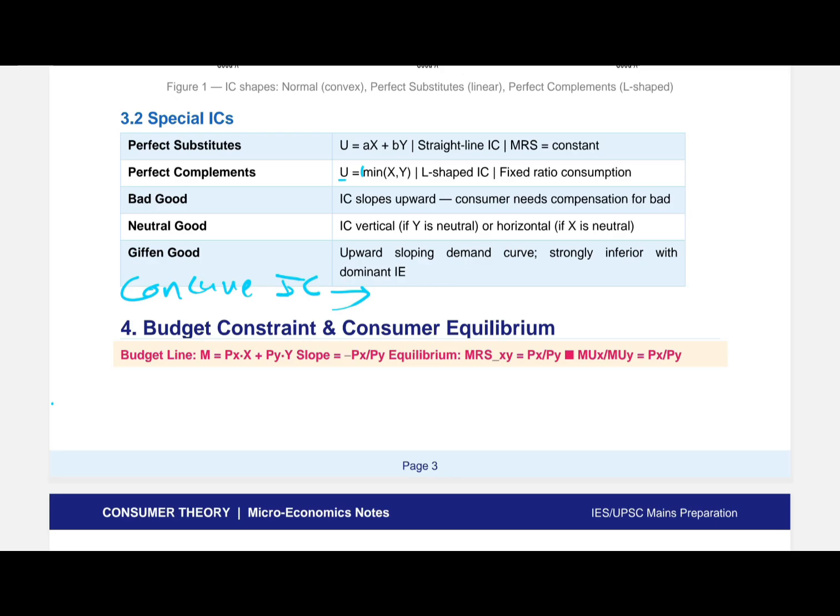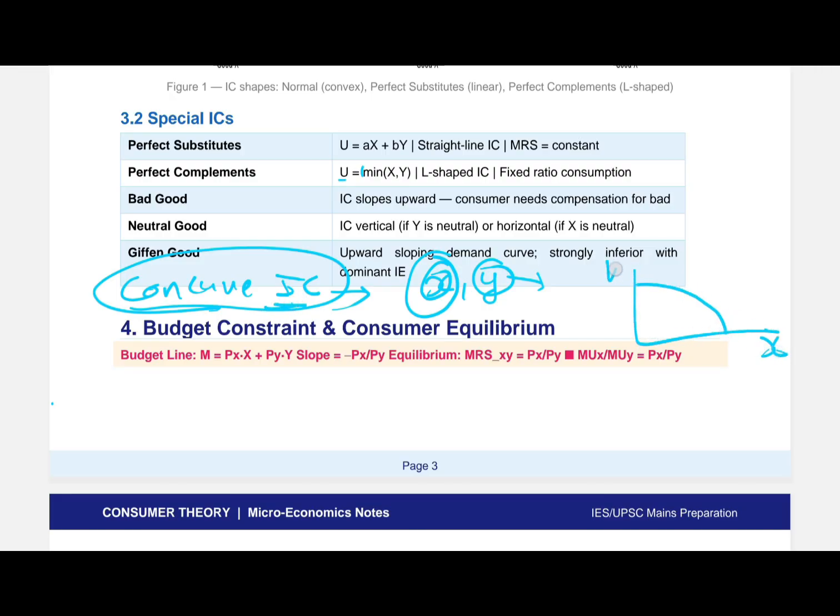Let me explain again. There are two commodities, X and Y. If I prefer to consume only the good X, then I will not consume any unit of Y. It gives me the IC curve that is concave to the origin.